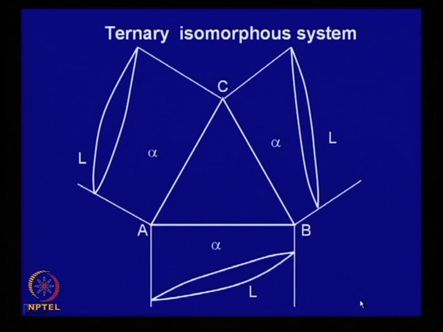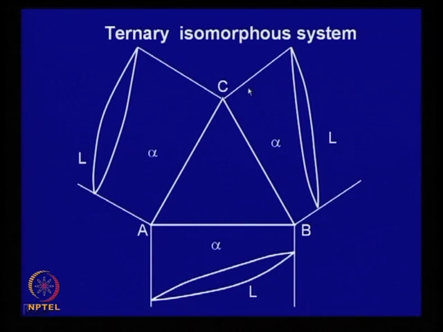Having done this, let us look at a ternary isomorphous system, which is shown over here. This is the composition triangle. In this case, each of the binary systems must also be an isomorphous system, which is shown here.